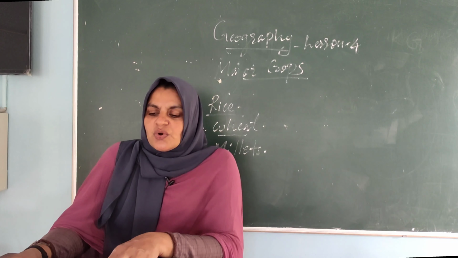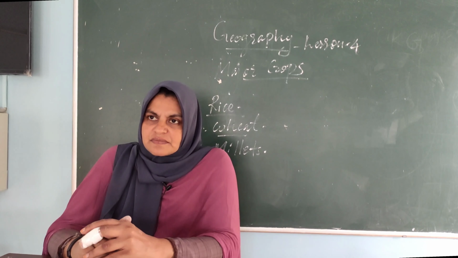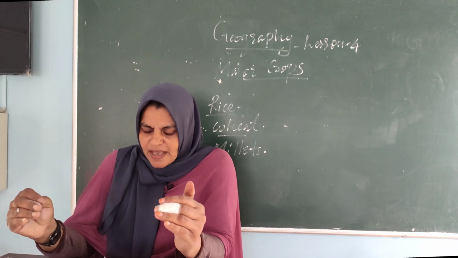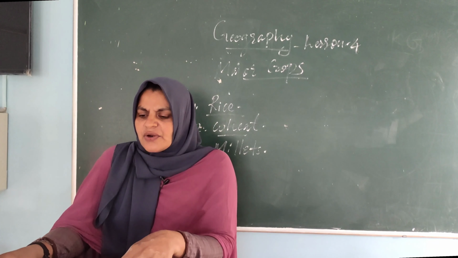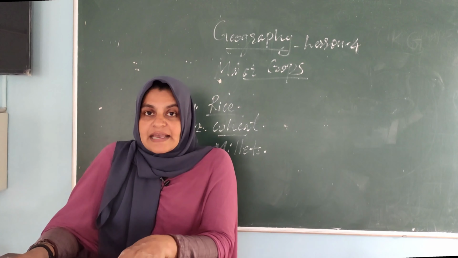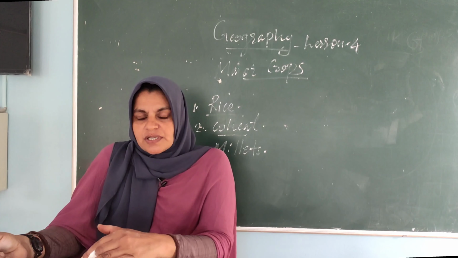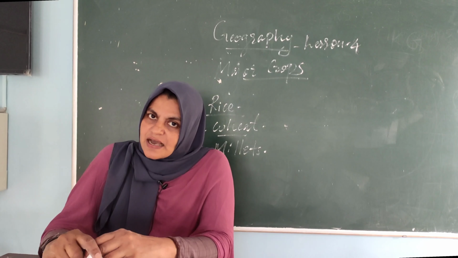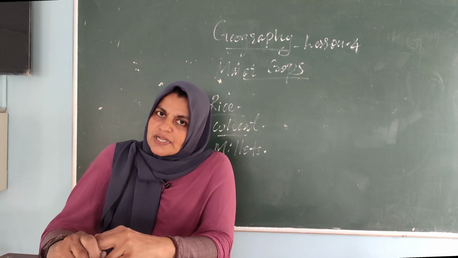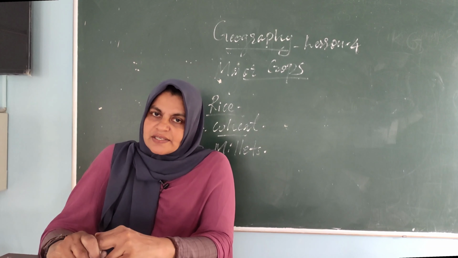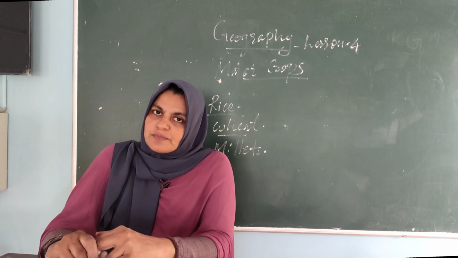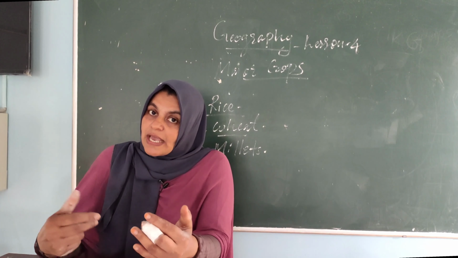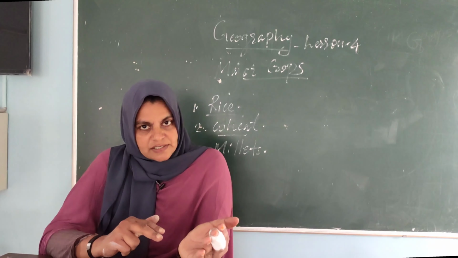With respect to area and production, according to the area jowar is producing and the amount of production, jowar is considered the third most important food grain. Why is jowar known as the third most important food grain? According to its area and its production.